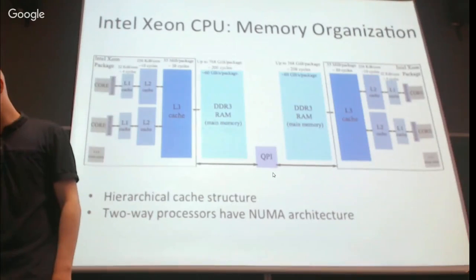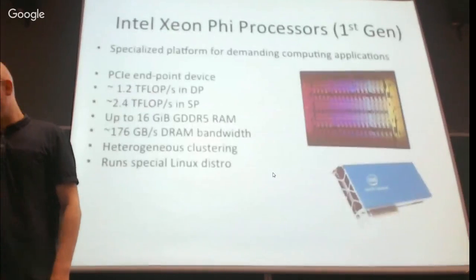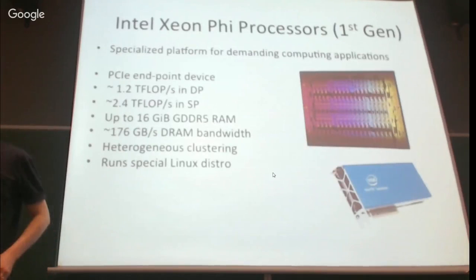Hierarchical cache structure, two-way processors have NUMA architecture. Then we have the Intel Xeon Phi processors, co-processors here because it's first generation. It's a specialized platform for demanding computing applications. It's a PCIe endpoint device, comes in the form factor of a PCIe device, just like a K40 GPU or a K20 GPU, which we have on film as well, by the way.